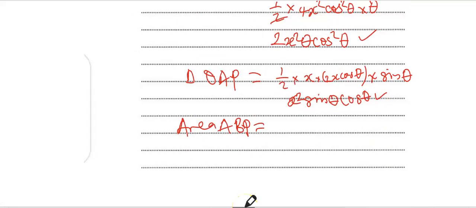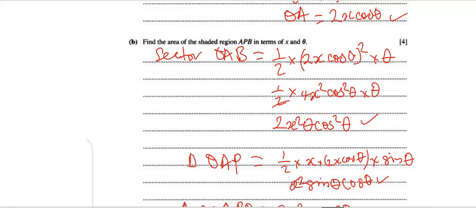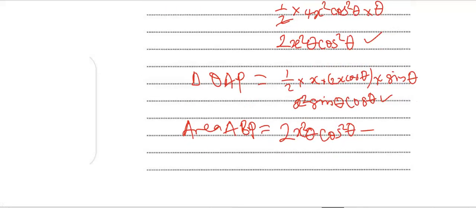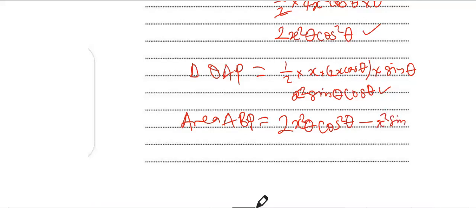The area of the shaded region ABP will be 2x squared theta cos squared theta, minus, so we are simply taking the sector OAB that we got, minus the triangle OAP, so it is minus x squared sine theta cos theta.